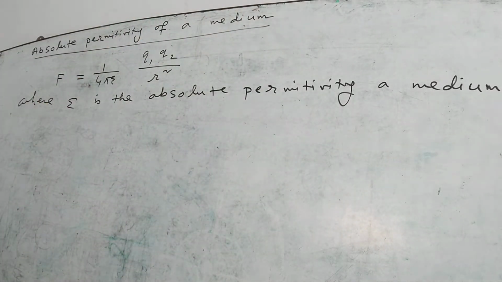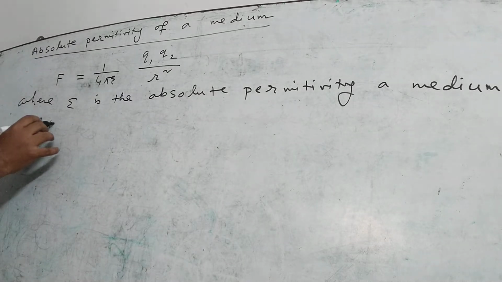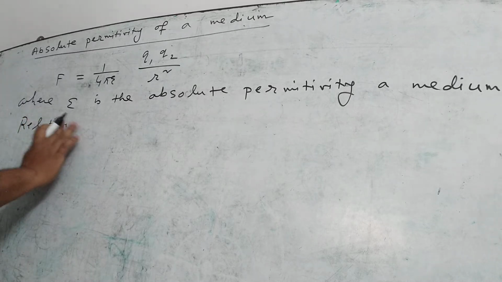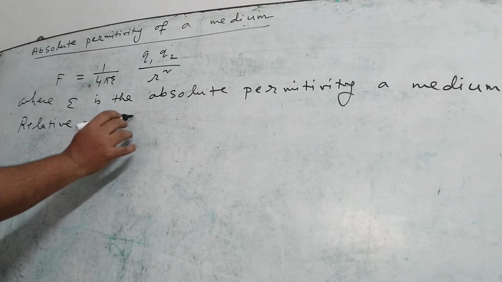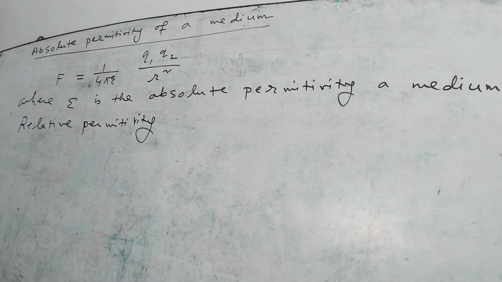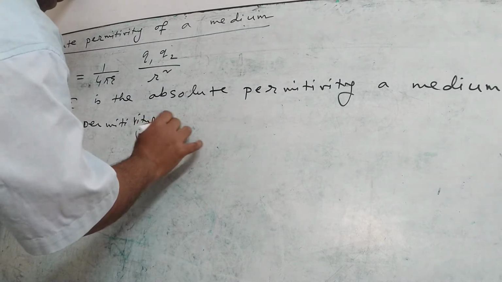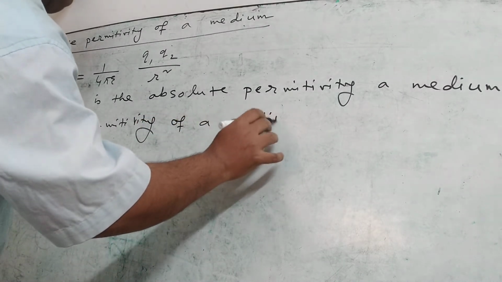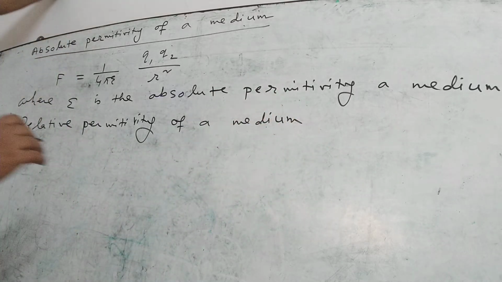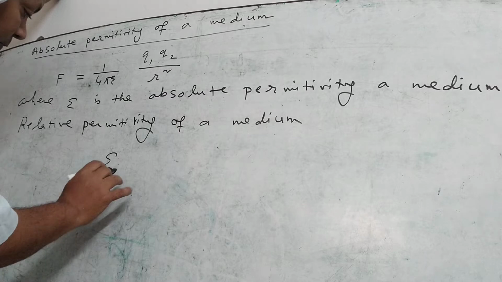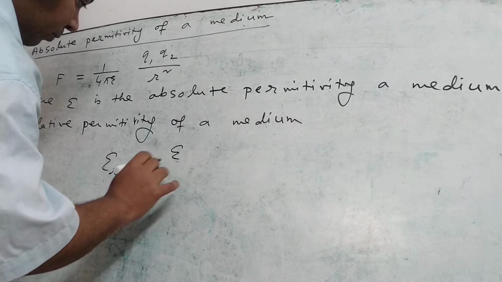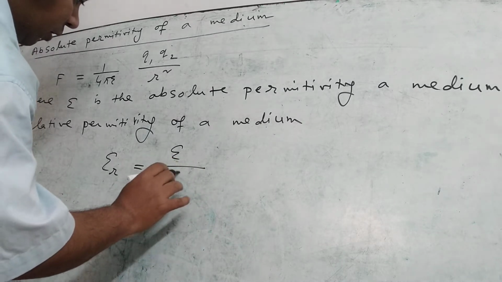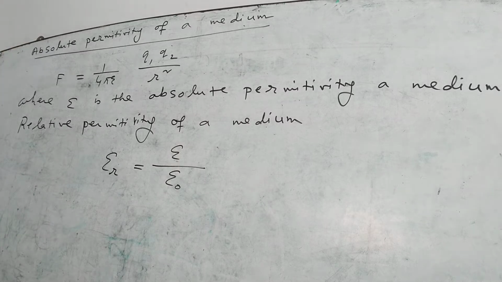Now, what is the relative permittivity of the medium? The relative permittivity of the medium is denoted by epsilon r. Epsilon r can be written as epsilon r is equal to epsilon by epsilon 0.